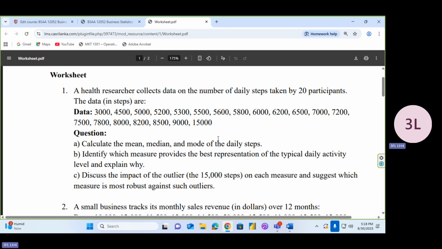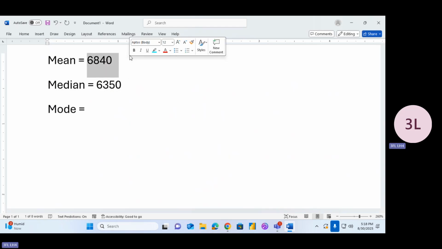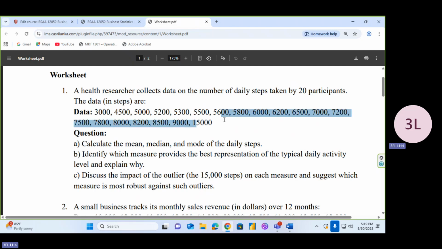Okay, then what happened to the mean value? It's higher than the median value. That is the reason. When we find the median value, we only look at the middle point. But for the mean value, we use all the data to calculate it. Here 15,000 is the highest value.